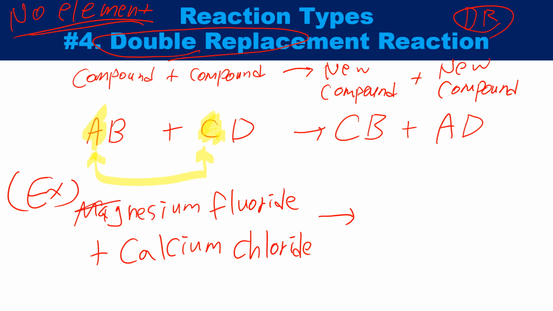Well, as you can see, with magnesium and fluoride, you can switch fluoride and chloride if you like to switch the non-metals, or you can easily switch magnesium and calcium around. Like I said, the result really doesn't change. Then fluoride will be with calcium.